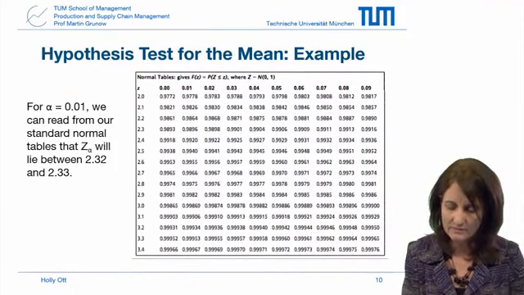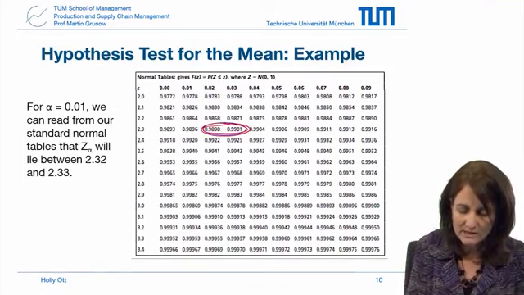And we can see that our probability is going to lie somewhere between these two values. So we have z equals 2.32 and 2.33. In actual fact, if we did this with a computer, we would find out that the exact value is z alpha equals 2.326.